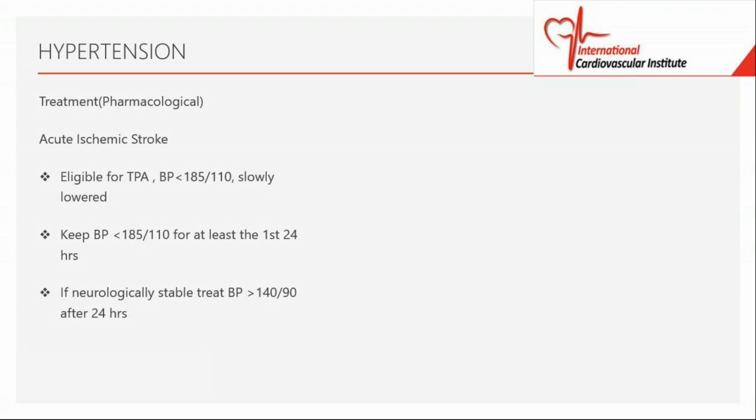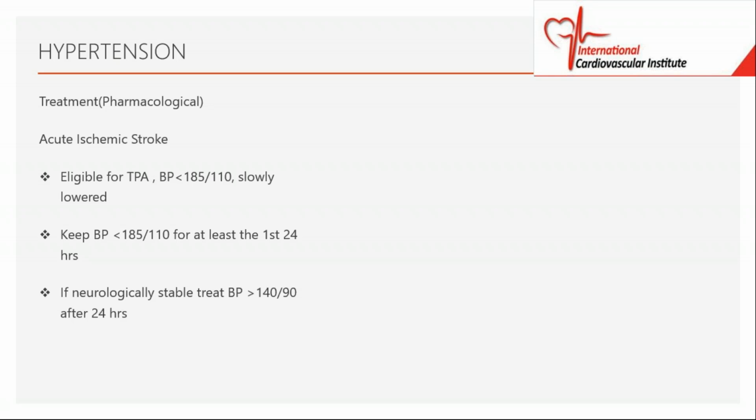They'll probably give you an elevated blood pressure and ask you what to do. Okay, you cannot give TPA or any clot busting medicine if the blood pressure is greater than 185/110. You have to slowly lower the blood pressure. And not only that, but for the next 24 hours, you have to keep the blood pressure below 185/110.